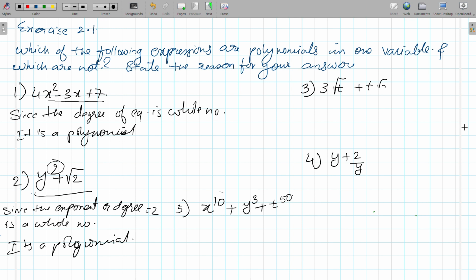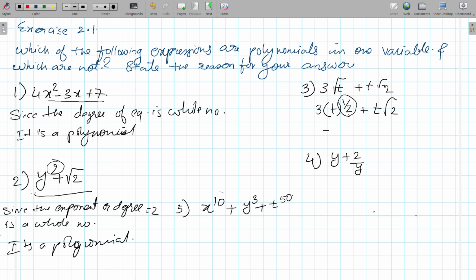Okay. Now the third one, this can be written as 3 into t to the power 1 by 2 plus t root 2. Here the power of t is not a whole number, right?